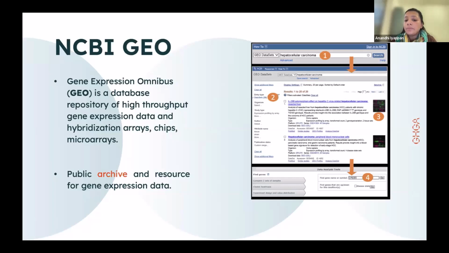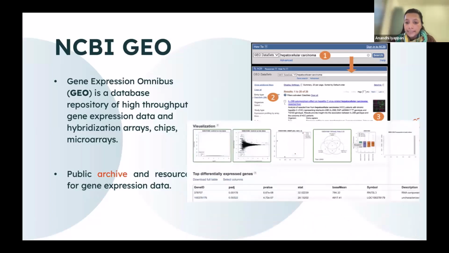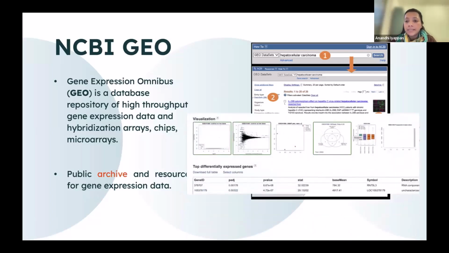It also had the possibility to use analytical tools like gene expression analysis and differential gene expression analysis in their own data portal. And it was also possible to visualize the results of the gene expression analysis performed on the data portal. This was one of the first data portals that provided this interactive platform for researchers to enhance their research.